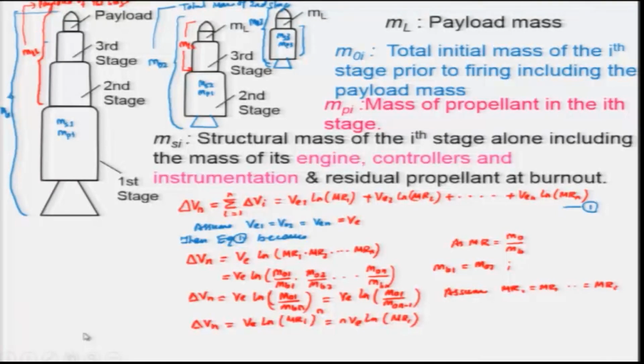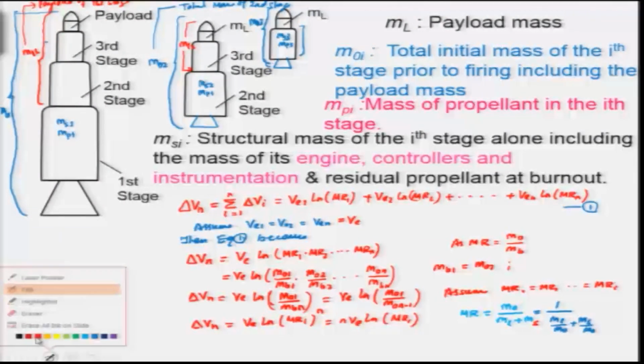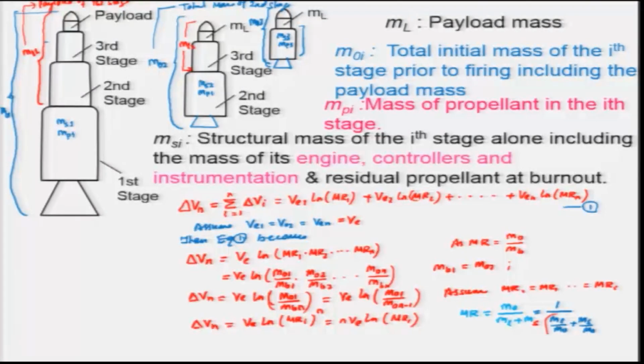Keep in mind that we know m_r is equal to m_0 divided by payload mass plus structural mass, that is 1 by m_L by m_0 plus m_s by m_0, and this is basically the payload fraction, and this is your structural fraction.